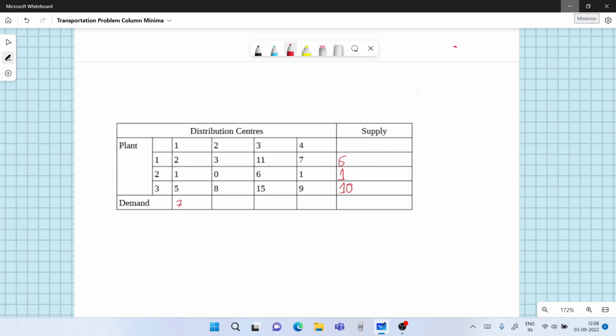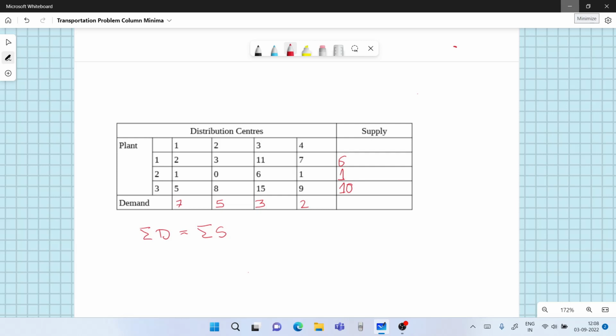The demand from distribution center number 2 is 5 million liters. The demand from distribution center number 3 is 3 million liters, and that from distribution center number 4 is 2 million liters. As we can see here, the summation of the demand is equal to the summation of the supply. So this is a balanced problem. In a transportation problem, we can only solve balanced problems.